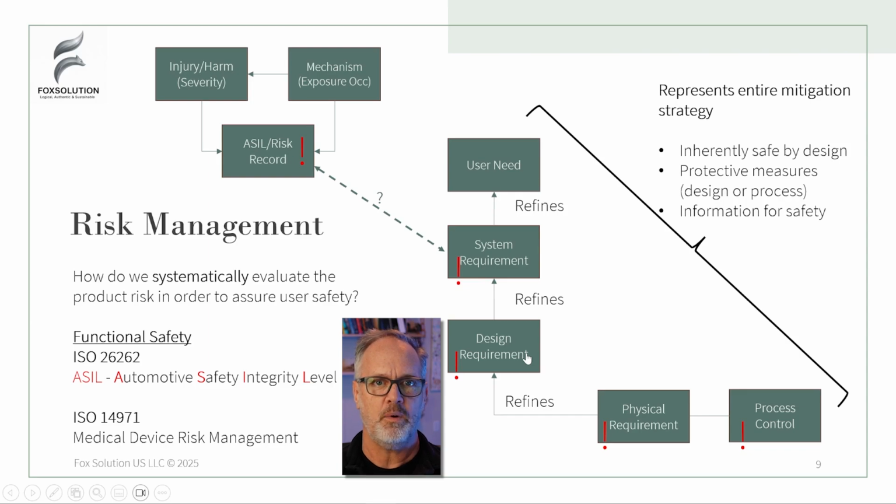So if we have a high risk that's identified as related to a particular system requirement, then we want to stamp that system requirement with a high-risk moniker so that as we do the testing, we understand the rigor with which we're going to have to evaluate that system requirement or design requirement or all the way down the chain into the manufacturing process. So that's really what the next discussion is about, is how do we make that link between the requirements and what we've identified as a user risk?